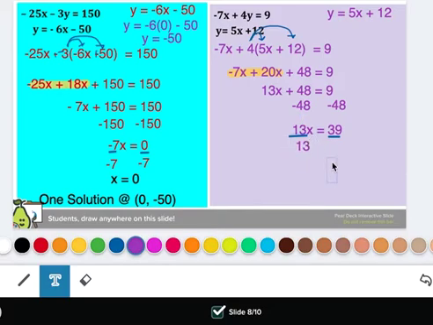So x equals 3. You take that 3, put it in what you solved there, so y is equal to 5 times 3 plus that 12.